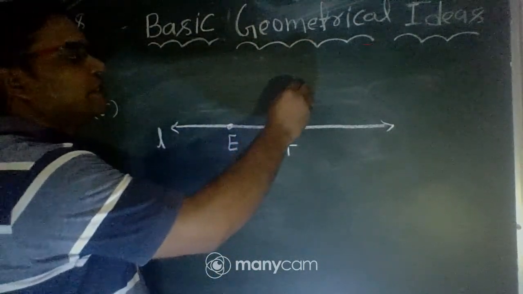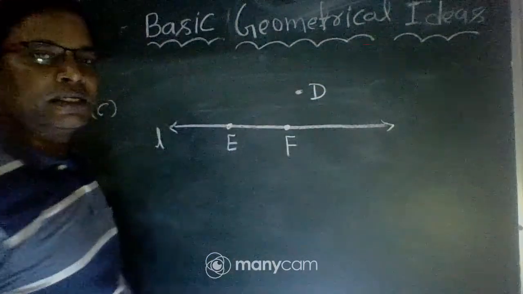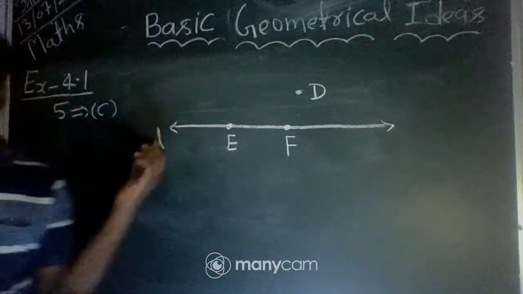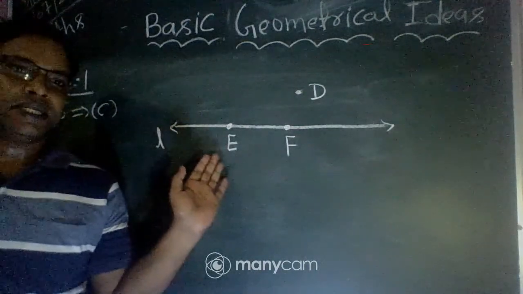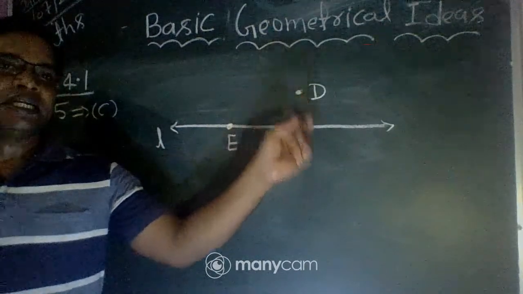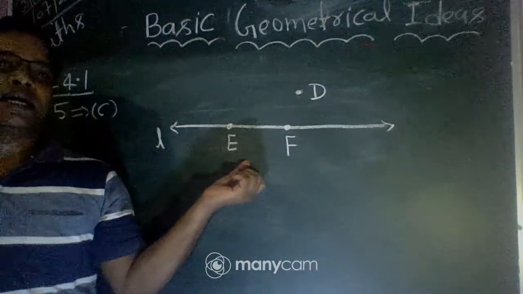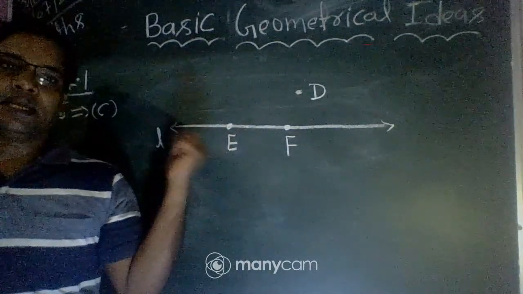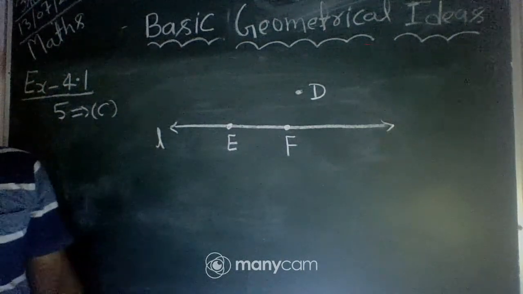So we take here point D. Point D does not lie on line L, but E and F lie on line L. Is this clear?